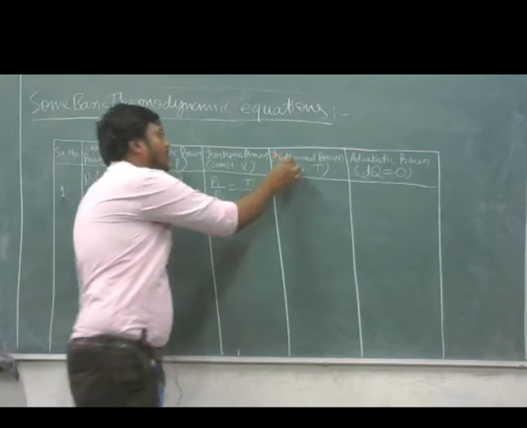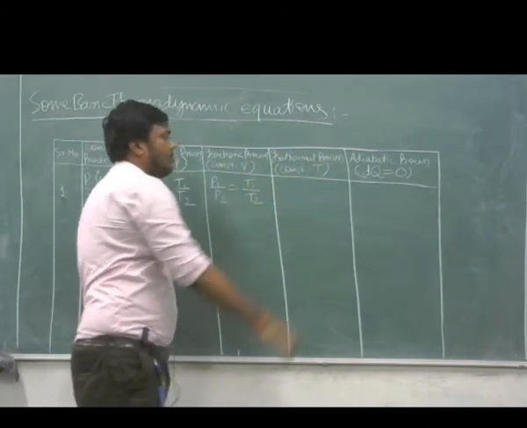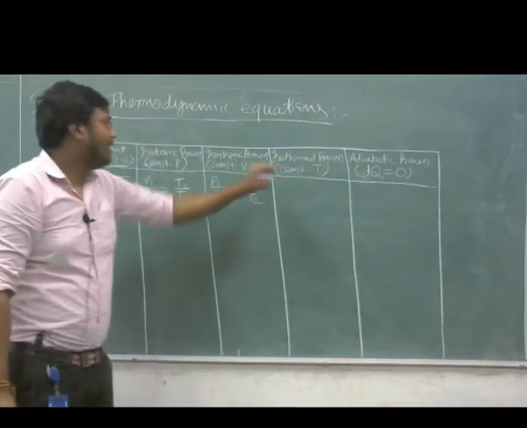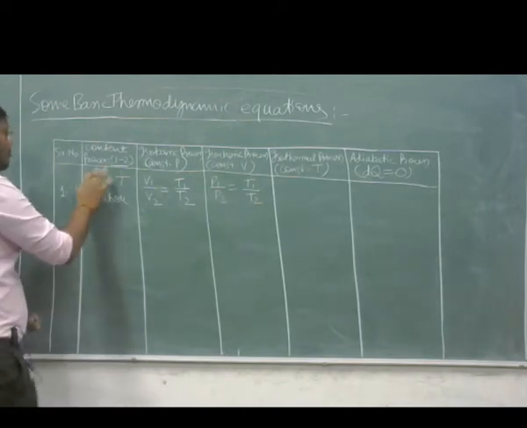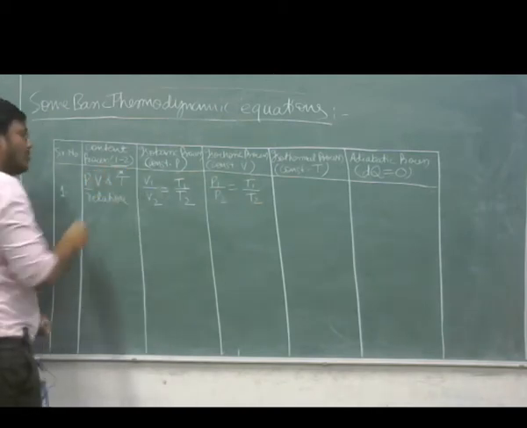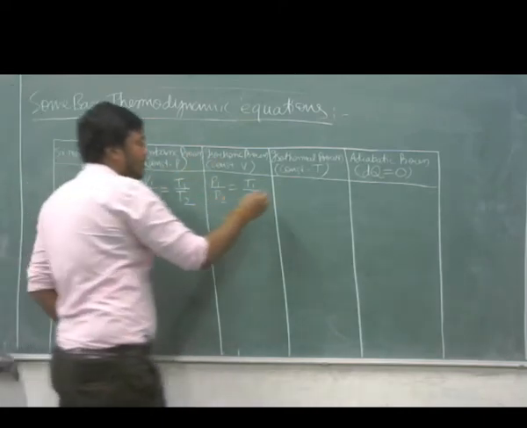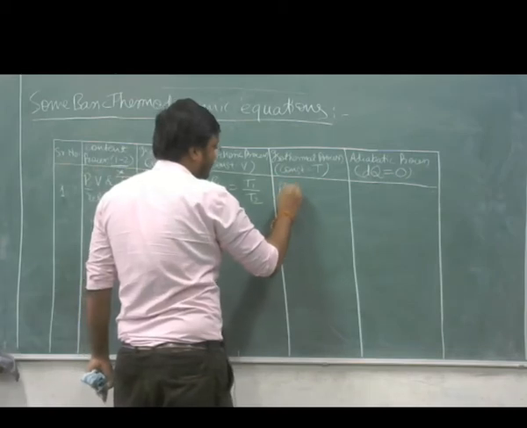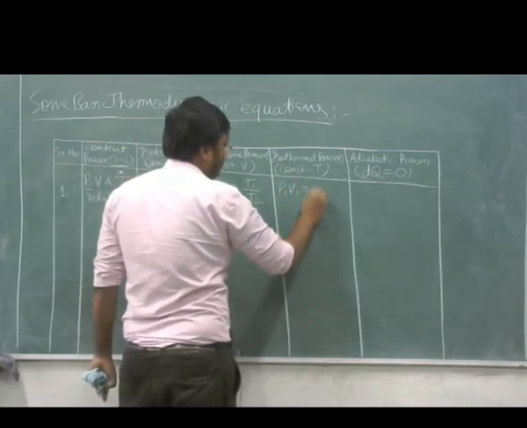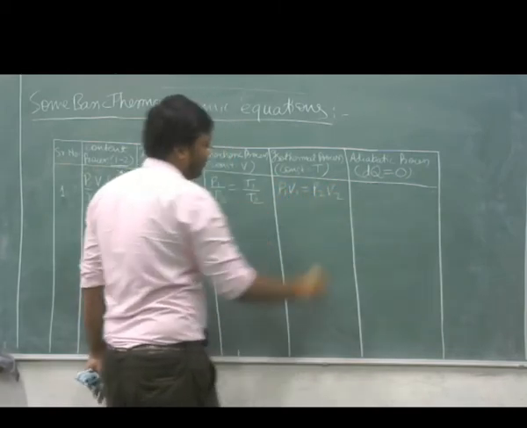Next one is the isothermal process, or constant temperature process. Here temperature is constant, so there is no use of temperature. The formula will come between pressure and volume. What will be the formula for this process? P1 V1 equal to P2 V2.